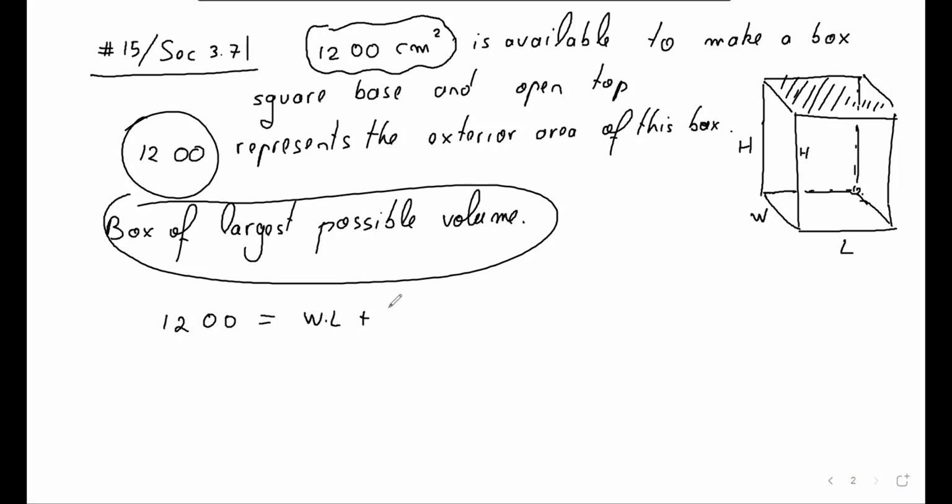But that's two of them, front face and back face, so 2LH, plus 2 times H times W, the area of a side face. The W plays the role of length there.